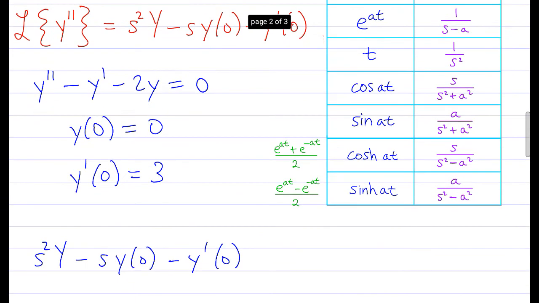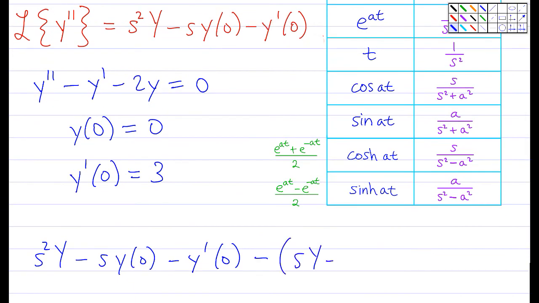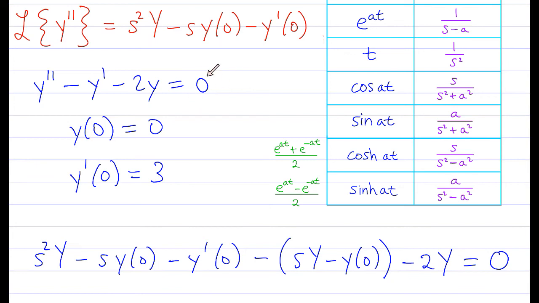So that's just minus sY minus y of 0. I need to take the Laplace transform of this part. Well, that's just minus 2Y. And that whole thing, that's the left-hand side, that's equal to 0, because that's the Laplace transform of the right-hand side.